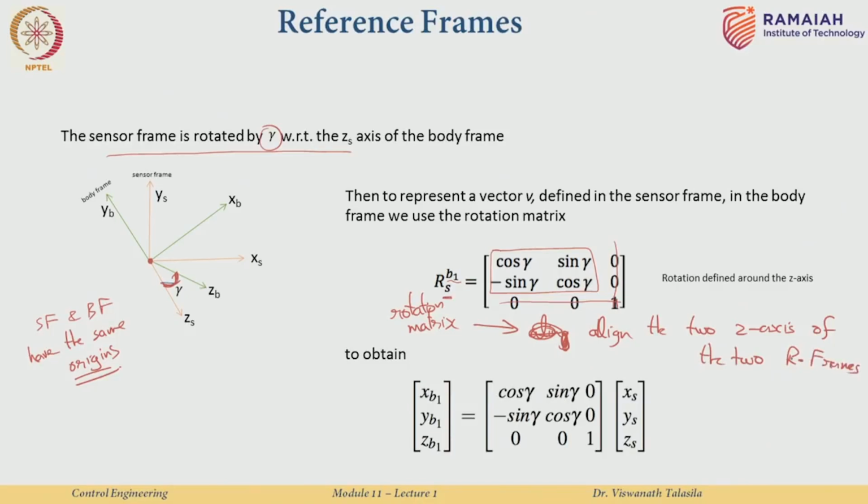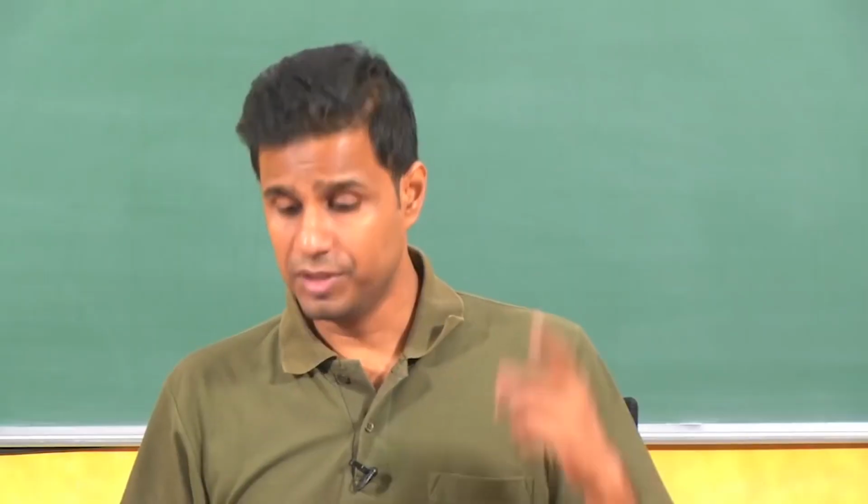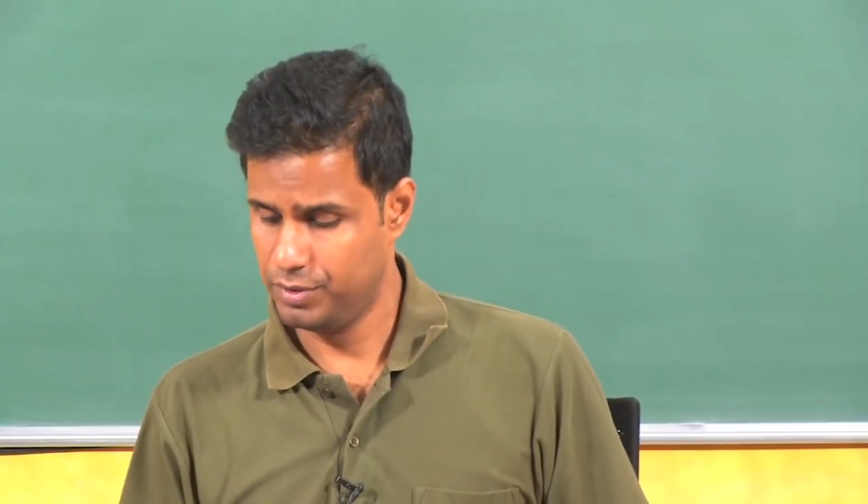That is all it does. So if I have a vector, my measurement xs, ys, zs in the sensor frame, I can use this rotation matrix to bring it to the body frame where the z axes of the two reference frames are aligned. We still have to take care of the other two axes. So, this is step 1.